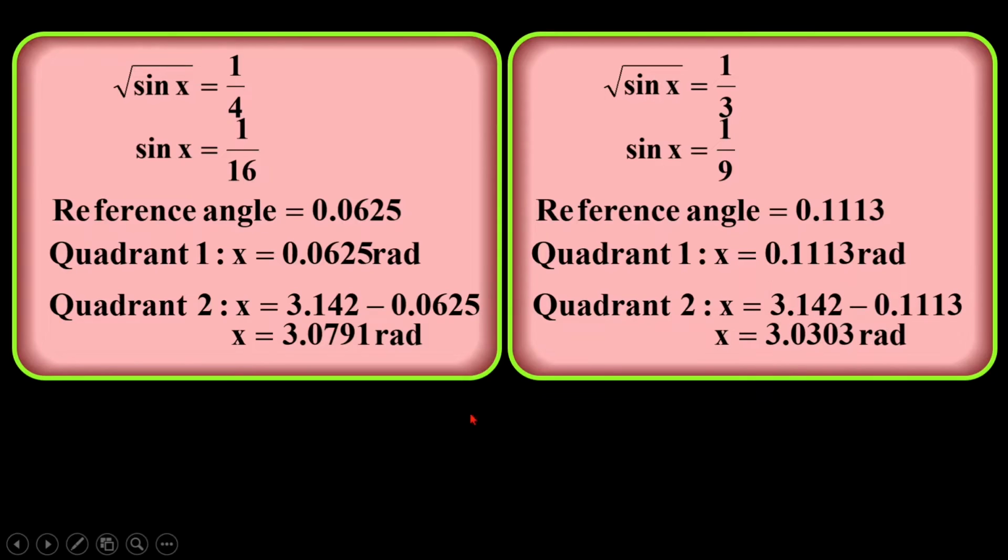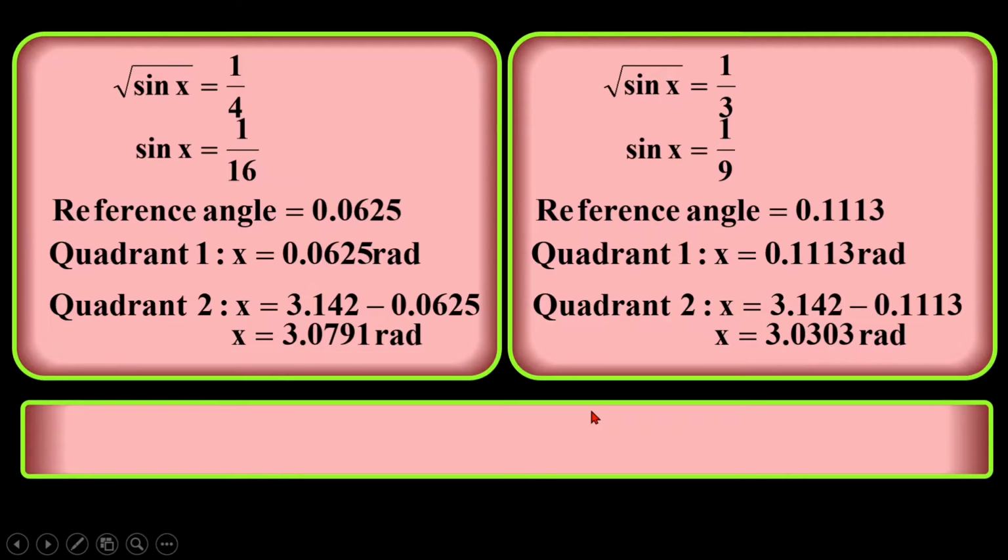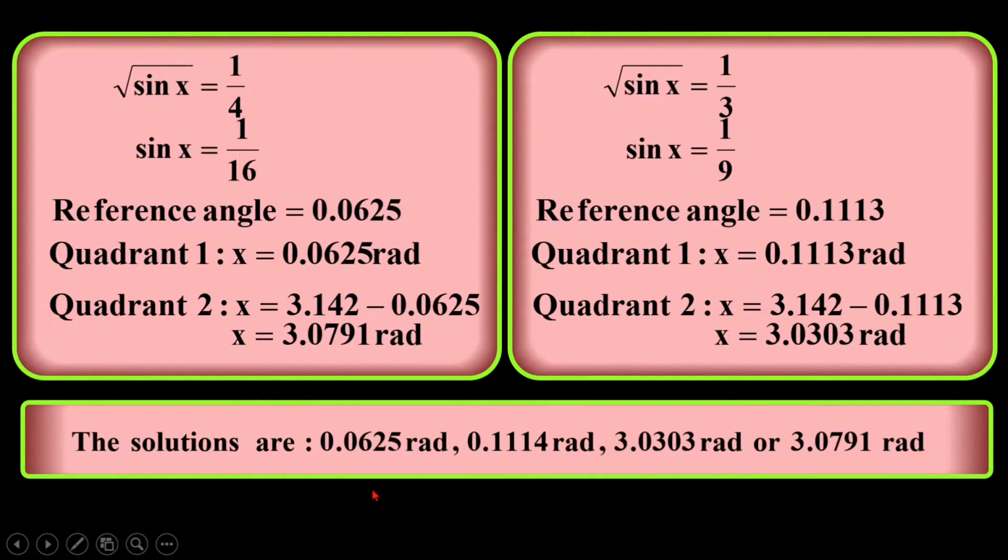I'm not going to draw the quadrant again because both of them look almost the same. Next, I'm going to go for the final answer, where I arrange all the answers in one line. The solutions are chosen from the smallest number to the biggest number, so I will arrange them nicely. I'm done.